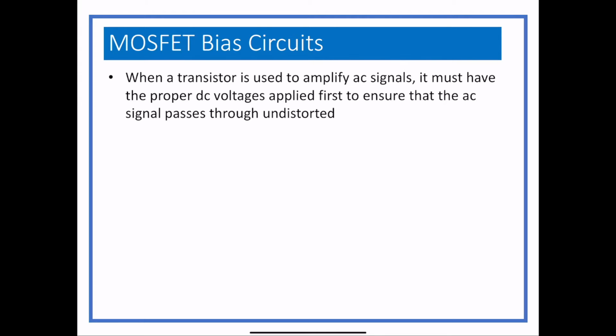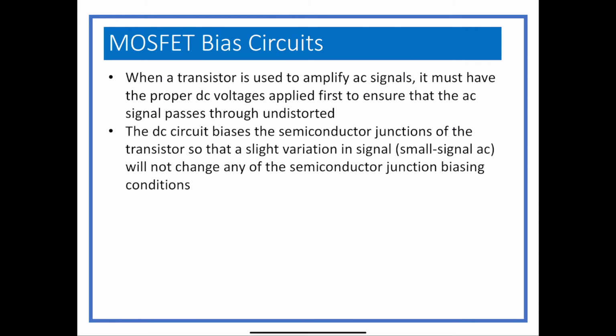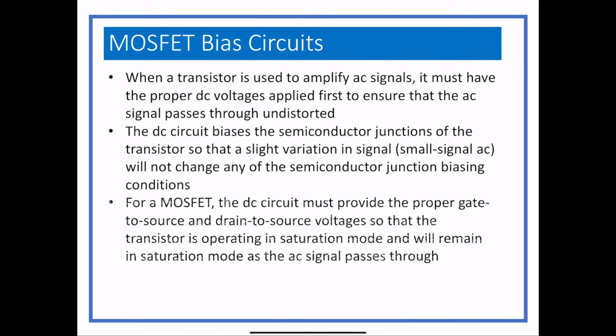So an AC signal, of course, goes positive and negative, and so we need to have enough DC so that the positive and negative fluctuation doesn't change the biasing in the circuit. The DC circuit basically takes care of any kind of junctions that we need, and this is good for bipolar junction transistors as well as MOSFETs, and it creates a stable circuit, so if you vary the voltage a little bit, it won't matter.